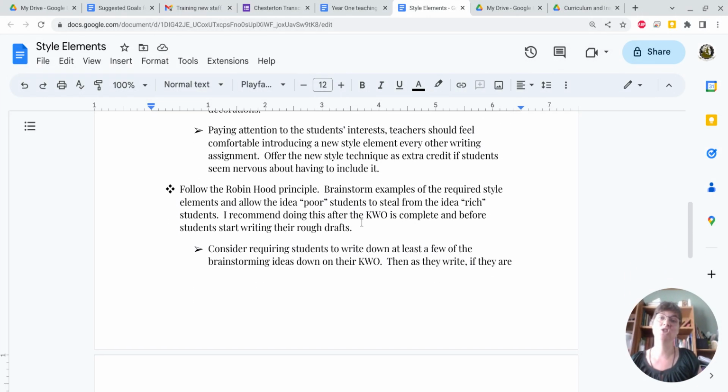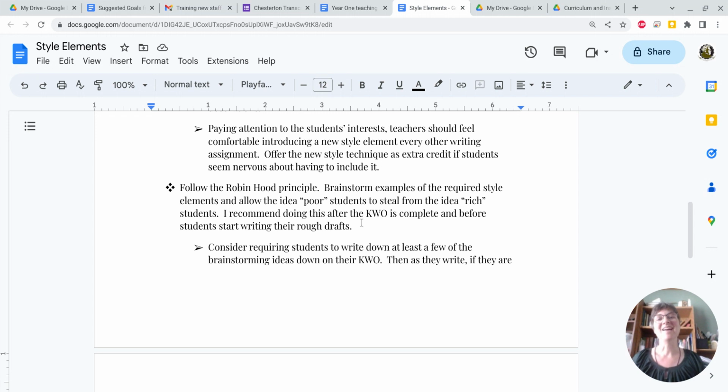I really encourage you to follow the Robin Hood principle, and by that I mean steal from the rich and give to the poor. I would do this with brainstorming sessions. So on stylistic elements, if I know that I have at least one student in the classroom who's still really struggling with one, even if everybody else has it, it's really easy to help them by just putting things on the board.